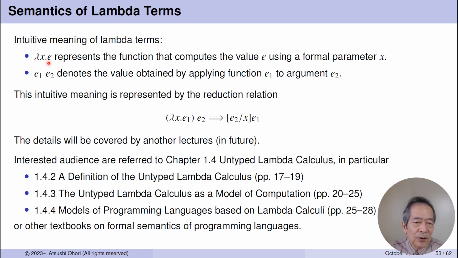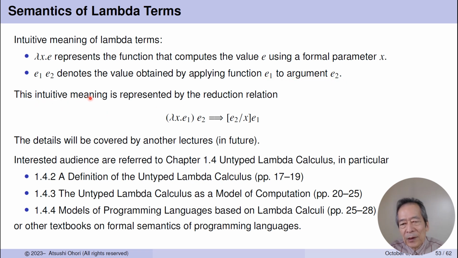So lambda x dot e. This term represents the function that computes the value e using a parameter x. The actual value of this parameter is given through application, this term. So this application term denotes the value obtained by applying function e1 to argument e2.